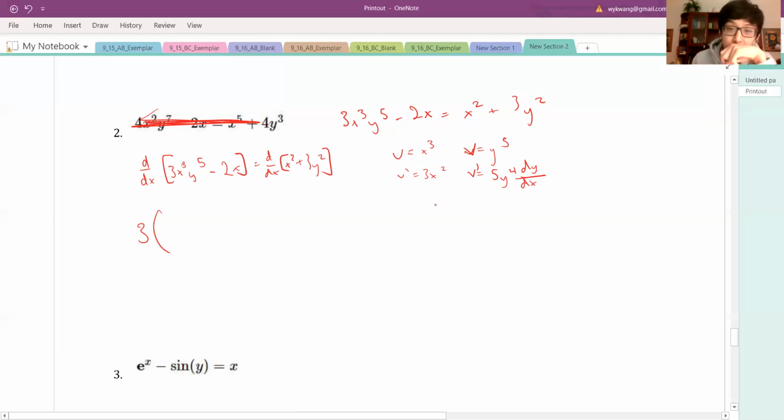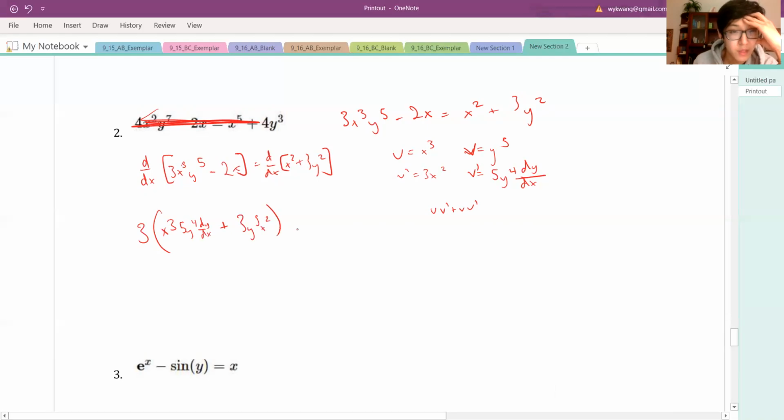So we're going to get uv prime plus vu prime. So it's u, which is x cubed, times 5y to the 4th dy over dx, plus v times u prime, which would be y to the 5th times 3x squared, so 3y to the 5th x squared.